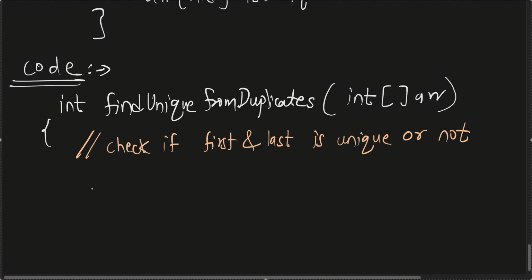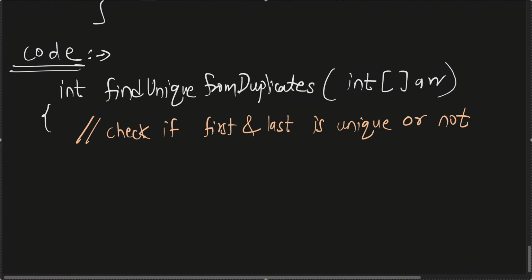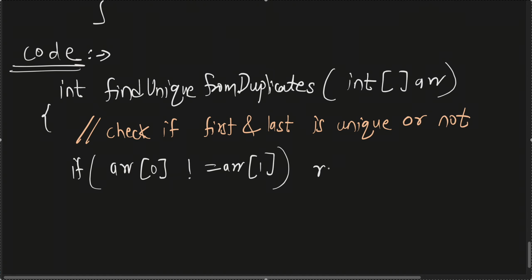We will handle them separately, so we just have to write two if conditions. If array of 0 is not equal to array of 1, then we simply return array of 0, because array of 0 is the unique element. This is for the first element.